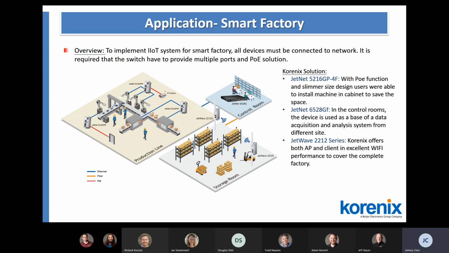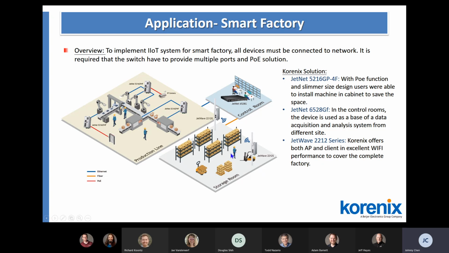And in the control room, they choose the 6528GF because the 6528G could use up to 12 SFP at the same time. So they choose to use the 6528GF in this case.